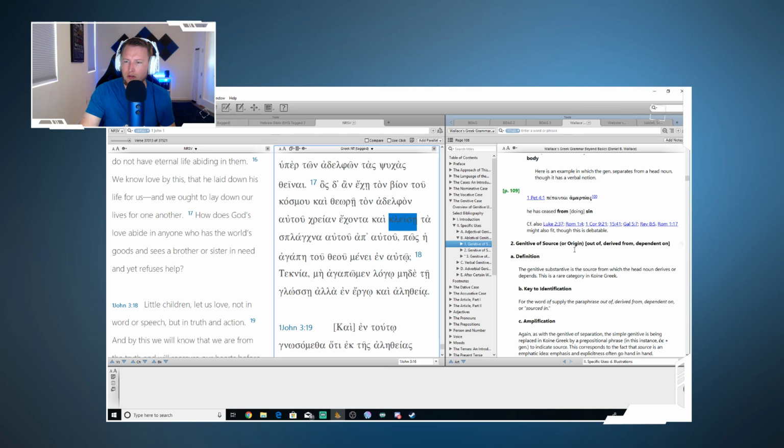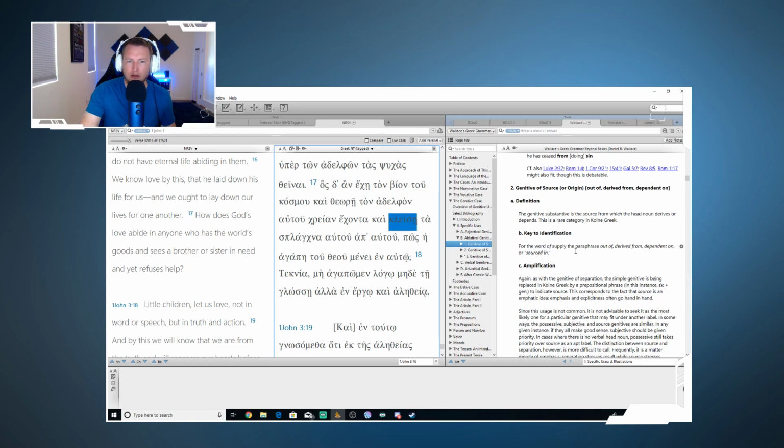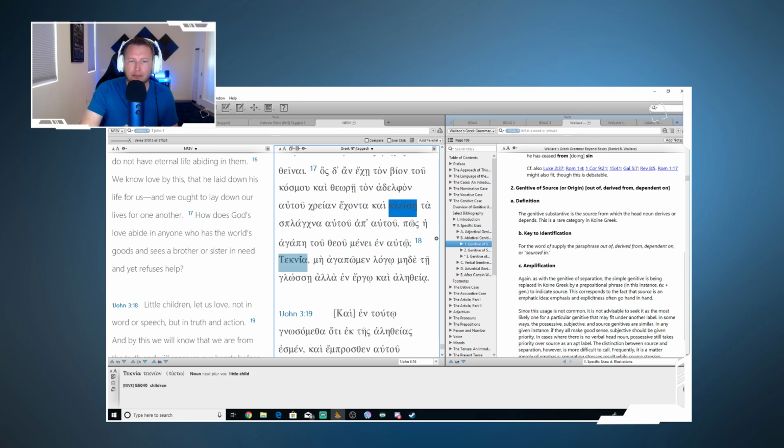Source. The genitive substantive is the source from which the head noun derives or depends. Love that comes, so yeah, source. Love that comes from God remains in him.